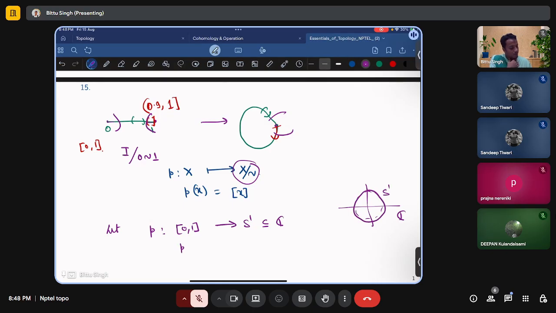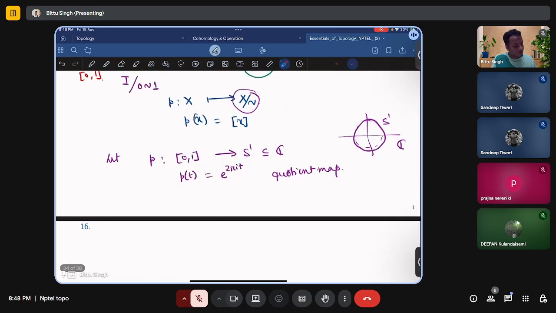So if you consider the map P of t equal to e to the power 2 pi i t, this is actually a quotient map. It needs to be proven. It is not immediate why this should be a quotient map, but let us assume this part.